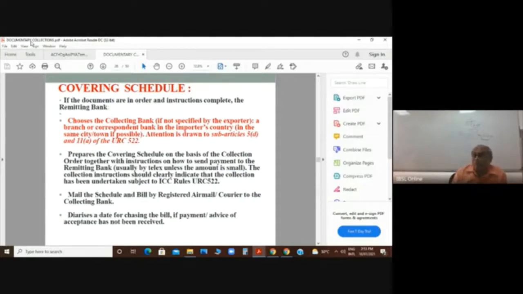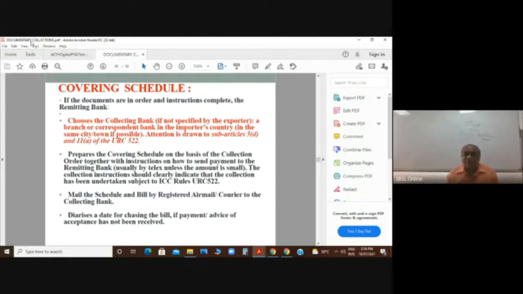If they have not mentioned any bank, then we choose the best possible bank, right? A branch or correspondent bank in the importer's country. Attention is drawn to sub-articles 5D and 11A of URC 522.